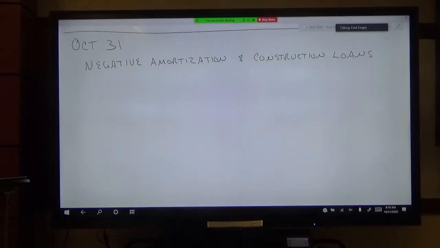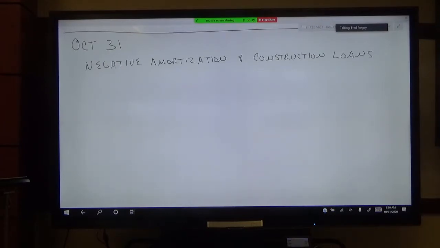Much like with the construction loan, you get a $1 million line of credit. If it only cost you $800,000 to build your building, you only have to pay for the $800,000 that you borrow, plus interest cost. Okay, does that make sense? Everybody cool with that? Conceptually.